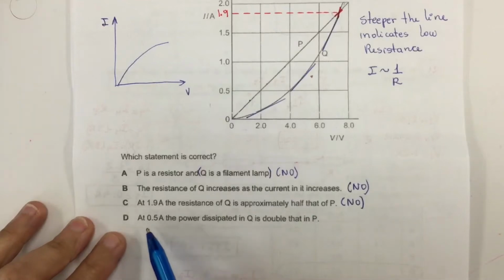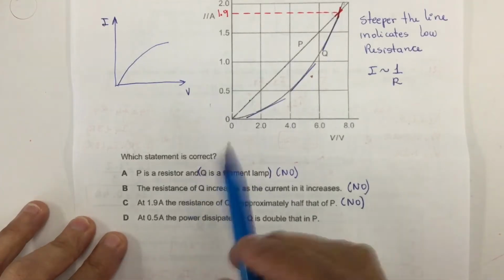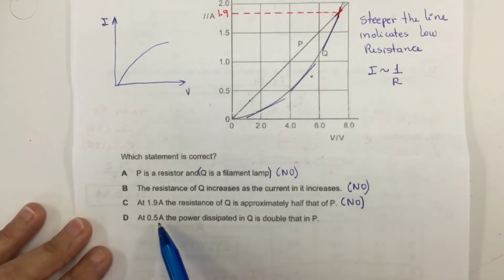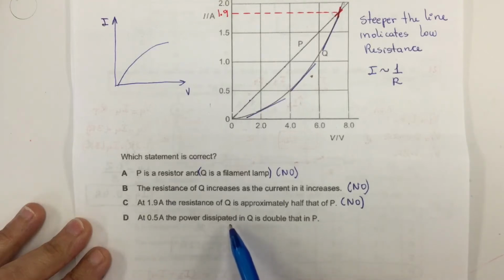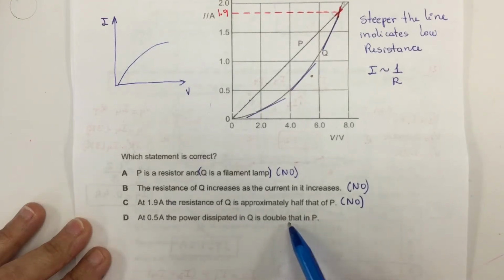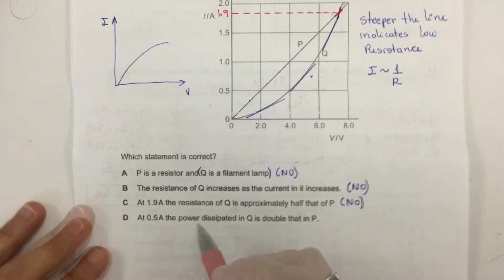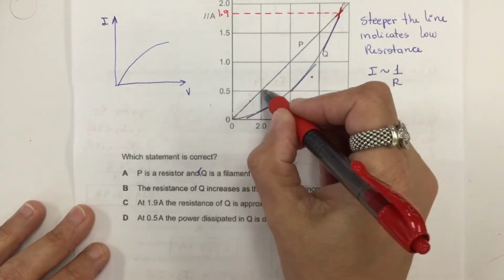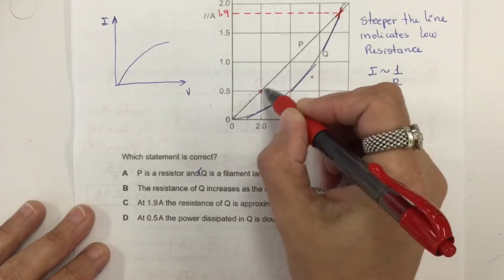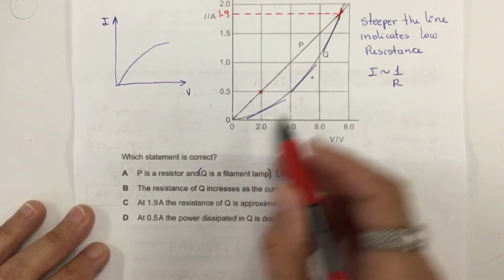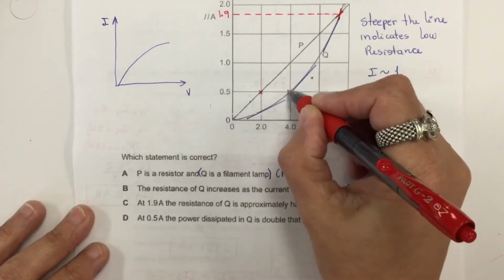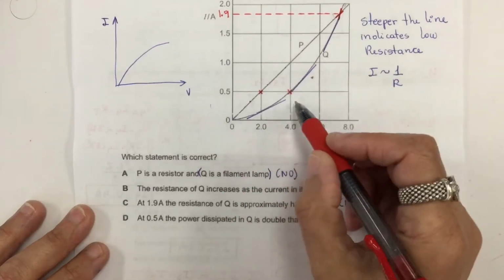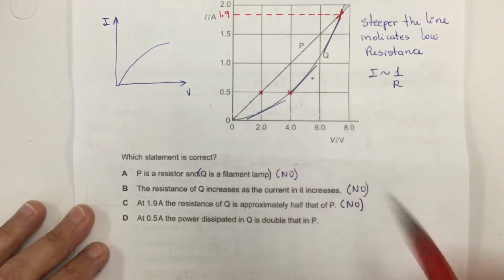The last option, and probably the correct one, but let's check. At 0.5 amps, the power dissipated in Q is double than in P. So let's take a look at 0.5 amps. This is where it crosses P at 2 volts, and this is where it crosses Q at 4 volts.